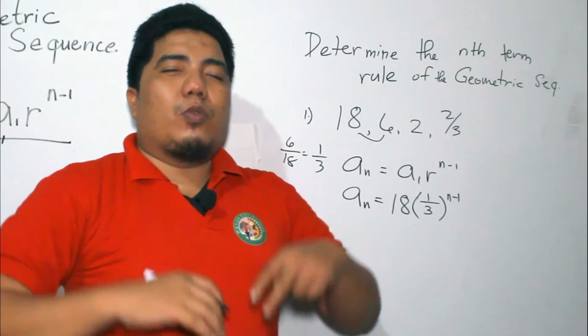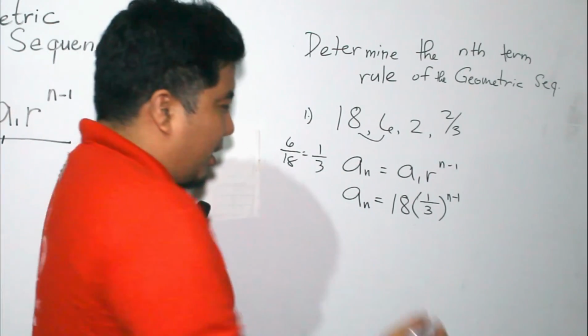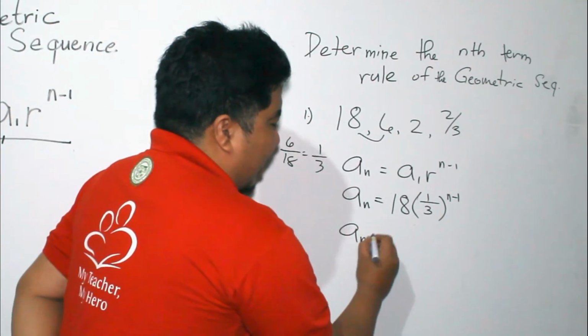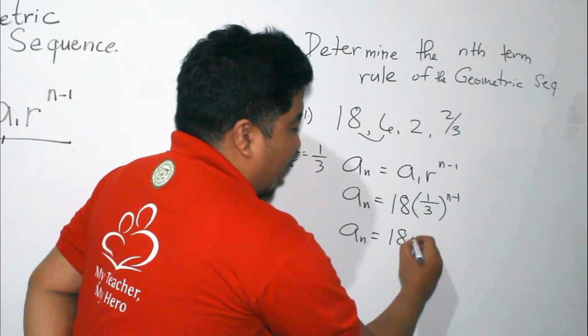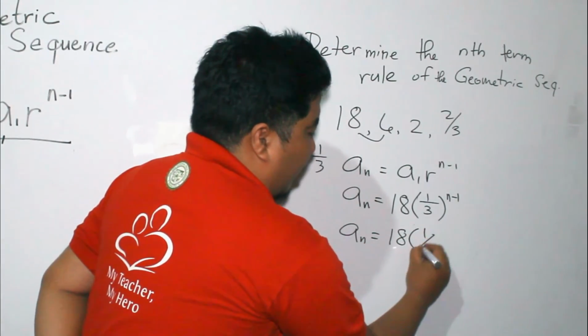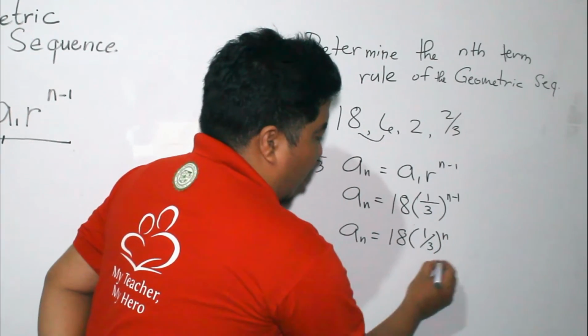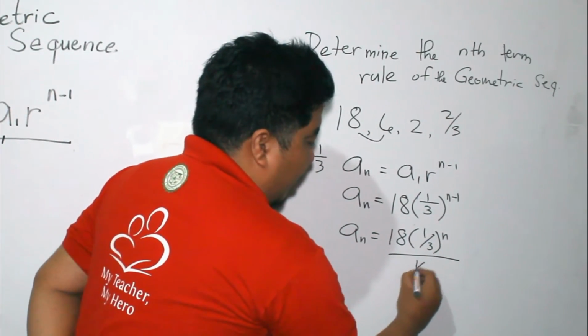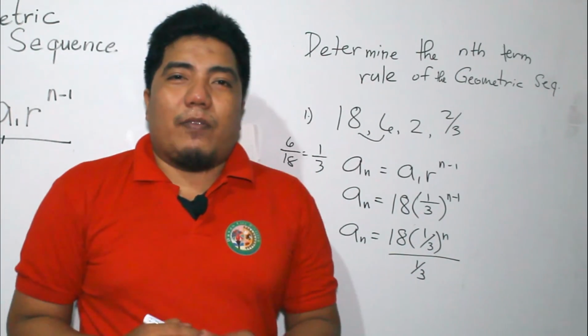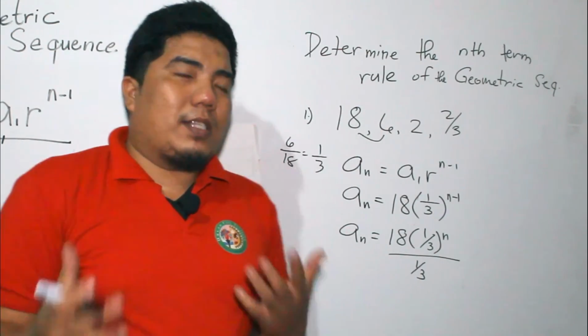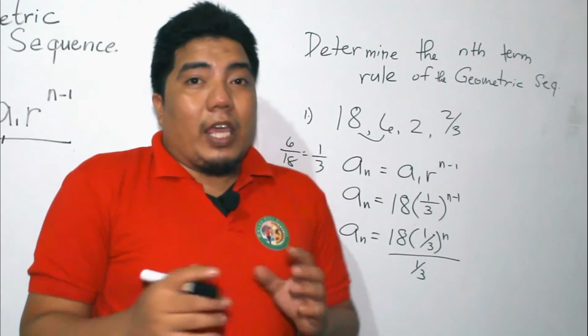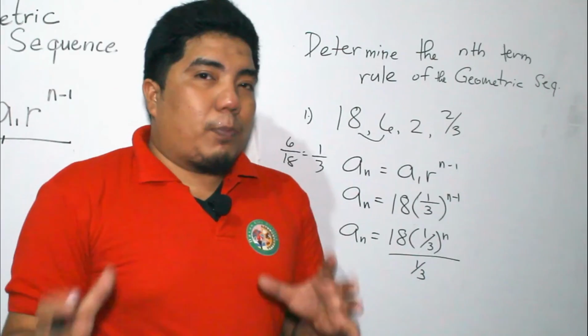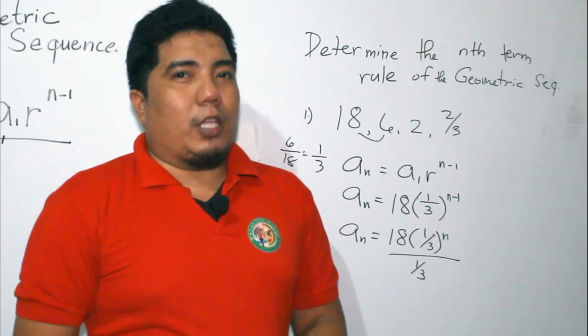But if you still want to simplify this, there is still a way. So that is a sub n is equal to 18 times (1/3)^n over 1/3. Now, if you want to ask me, Sir Ash, how did this happen? This is how you do it if you apply the law of exponents, specifically the quotient rule.